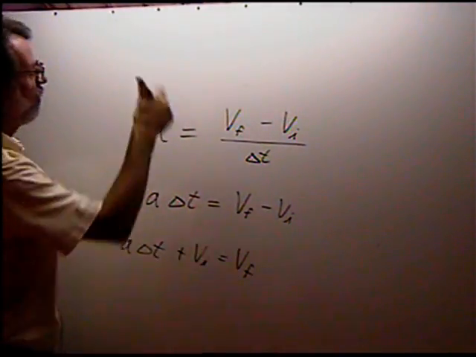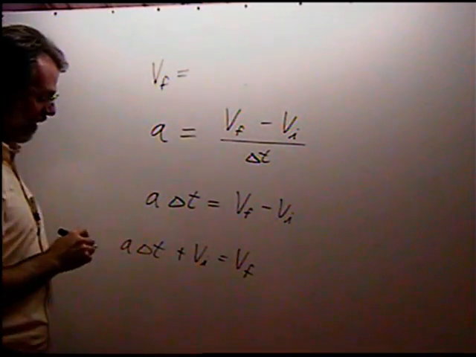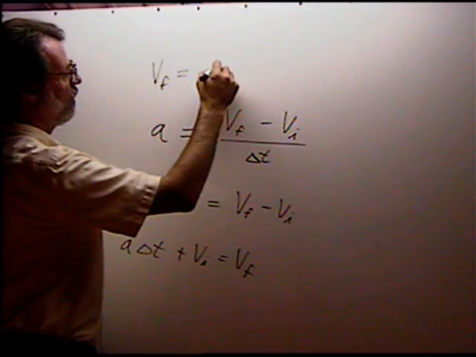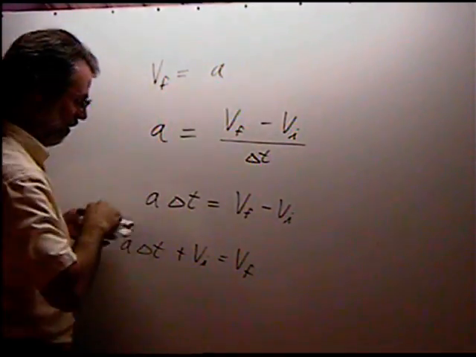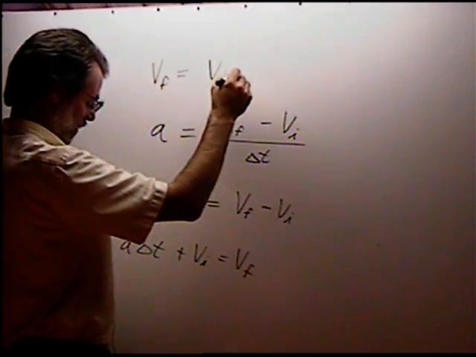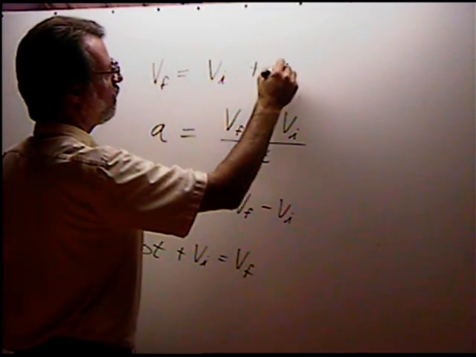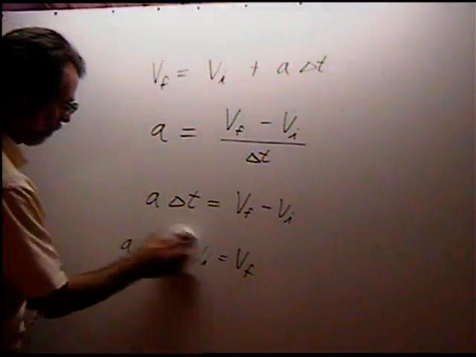I'm going to put v final on the left side. The final velocity equals the initial velocity plus the acceleration times delta t. Okay?